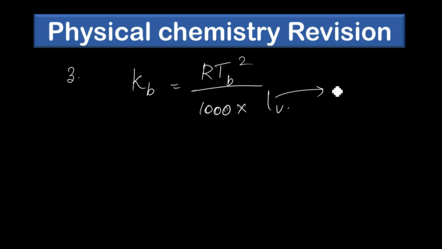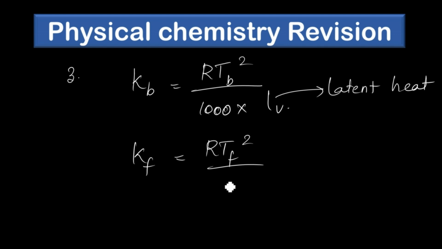LV is our latent heat of vaporization per gram, which can also be replaced with delta HV also. Okay. Similarly, if I want to write it for KF, then 1000 into LF or delta HF, latent heat of fusion.